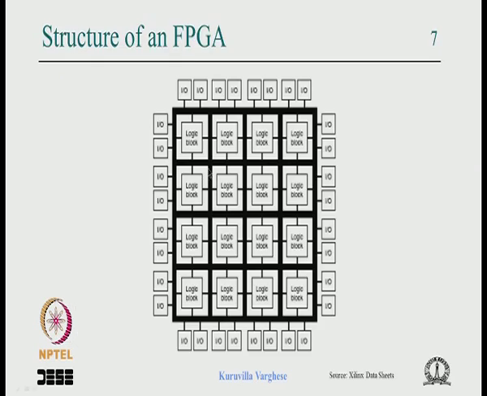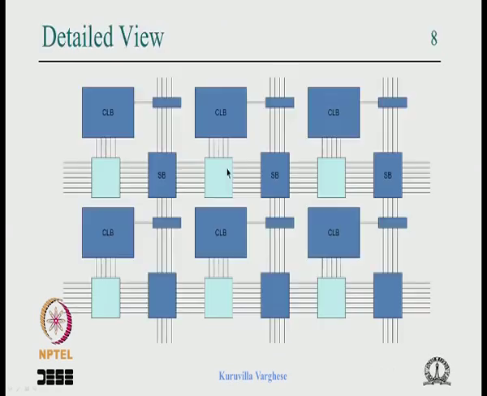Here, suppose a part of the counter is here, another part is here. For the counter, it has to be interconnected, so it incurs a lot of delay. It will be good if they are placed close together so that the interconnection wouldn't suffer a lot of delay, so that you will get a faster counter.